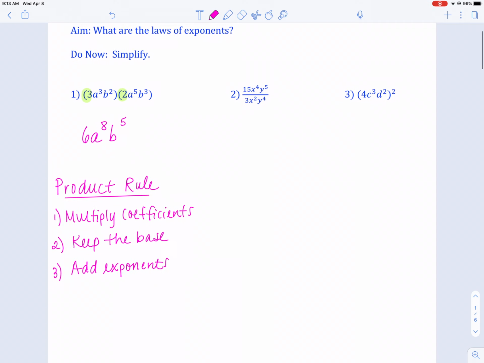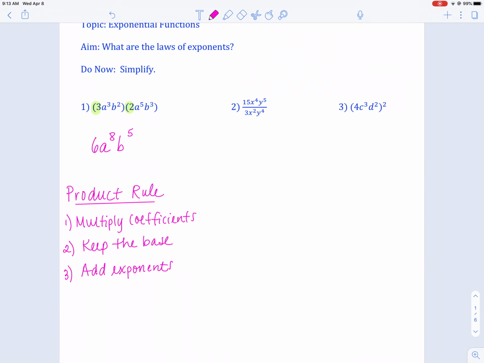Okay, so take a look at number 2. In number 2, no more multiplication. Clearly here we are dividing. So this is called the quotient rule. Does that make sense? Okay, so in your quotient rule, you're going to divide instead of multiply your coefficients.